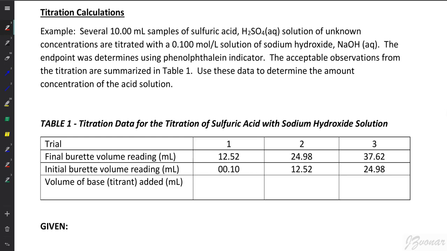We want to try to be as precise as possible. So in each of the trials, in the flask, we place exactly 10 milliliters of the unknown sulfuric acid, and we're going to be titrating against a known concentration of 0.1 moles of NaOH, which is my base.